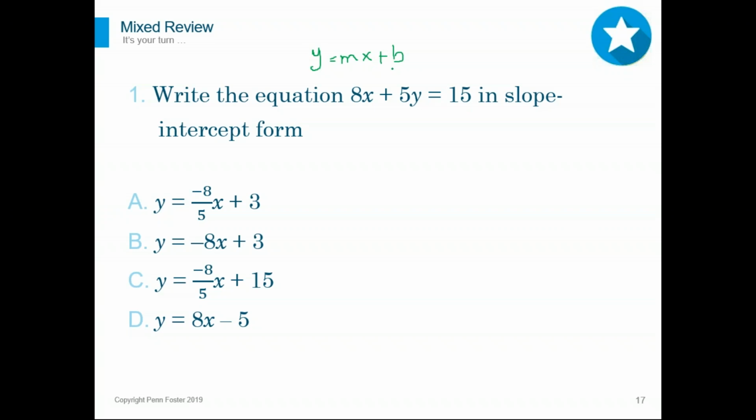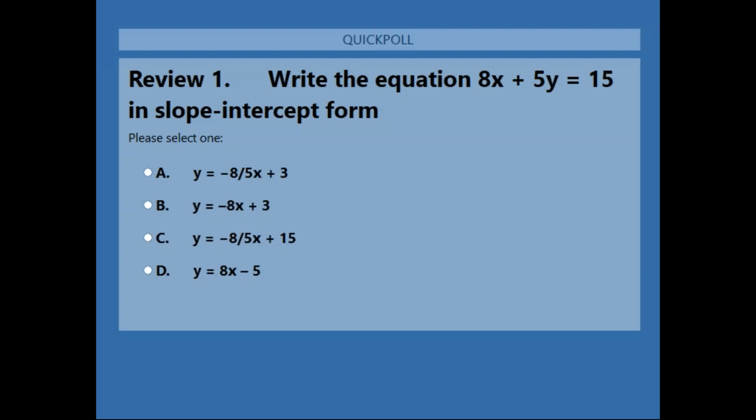Write down the question, take the proper steps, do the right math, and decide on the equation. And here is the question. How can you rewrite 8x + 5y = 15 in slope-intercept form?